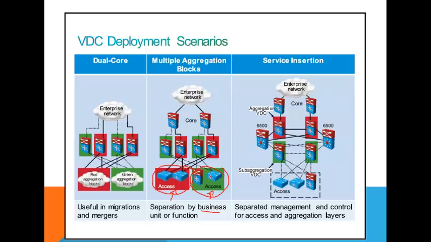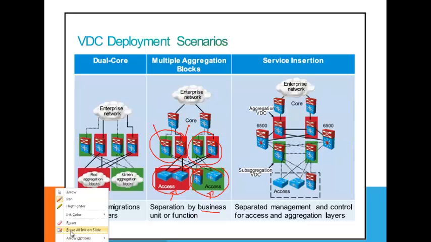In this case also I can give one VDC for green, another VDC for red. So that solves the problem. I don't need to buy 4 boxes, I just buy 2 boxes, one for active, the other for standby in aggregation.